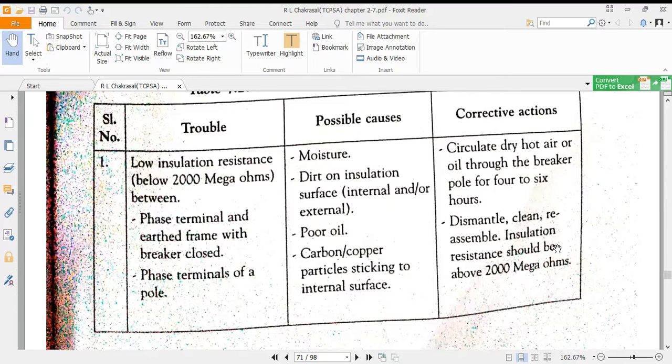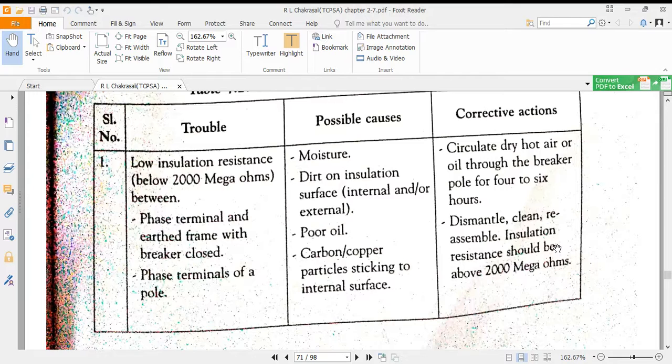Yes, we know that insulation resistance should be as high as possible. Between the phase terminal and earthed frame with breaker closed, or between the poles of two phases, we are observing very low insulation resistance.